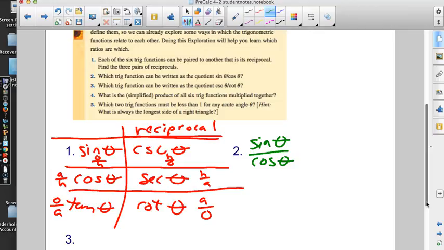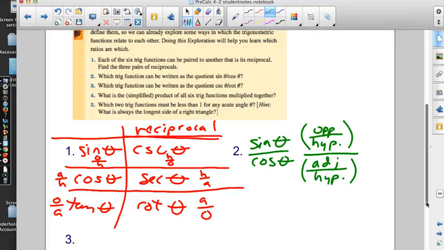Oh, but I know sine is going to be opposite over hypotenuse. And I know cosine is adjacent over hypotenuse. Now it just looks like a fraction.